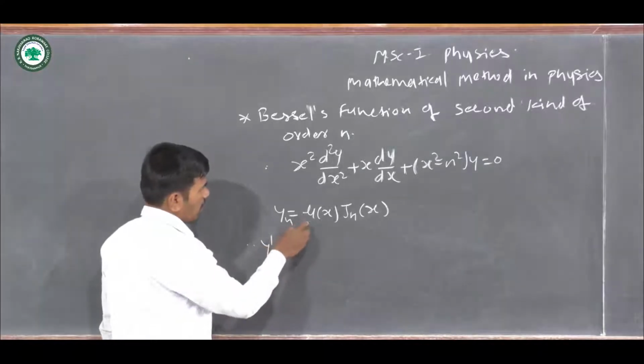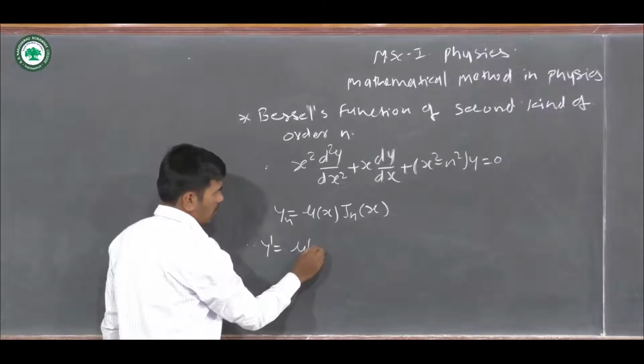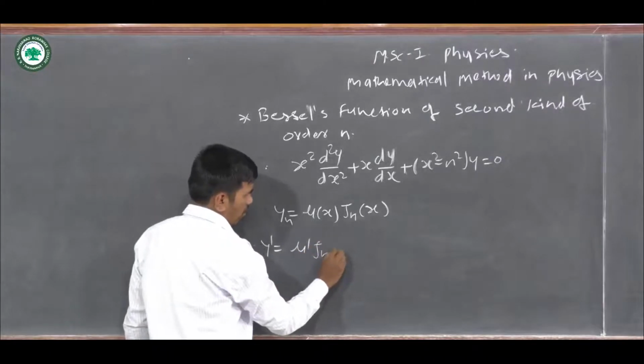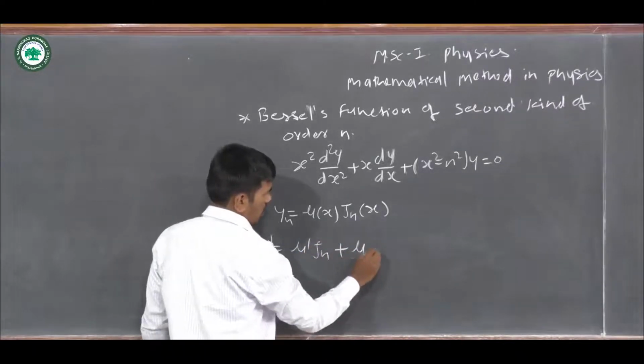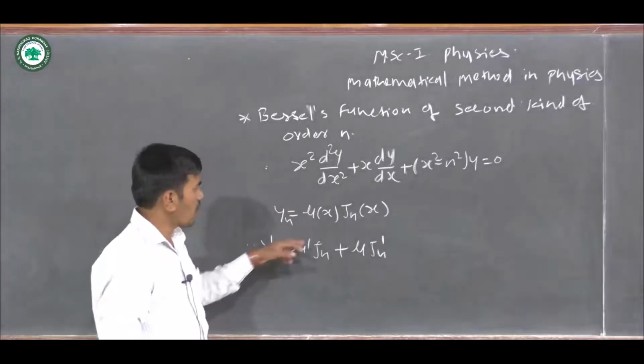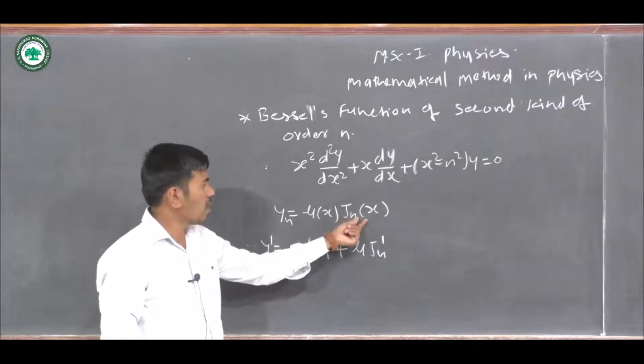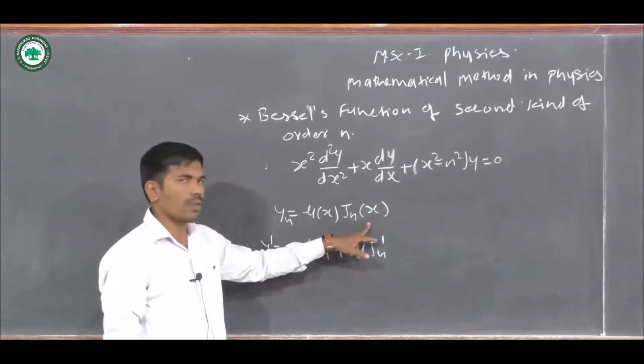If we find it from this y, it is u prime Jn plus u Jn prime. We differentiate with respect to x because u is a function of x and the Bessel function Jn is also a function of x.